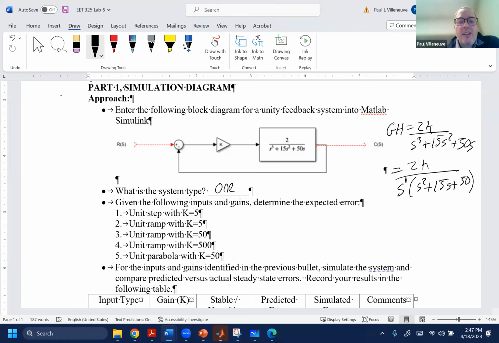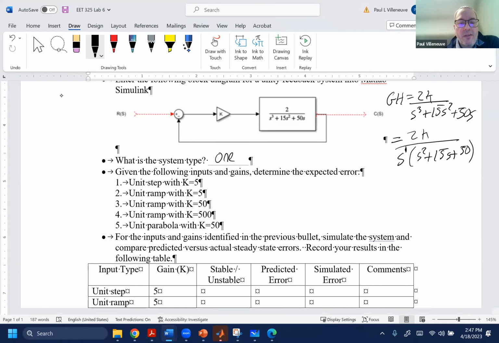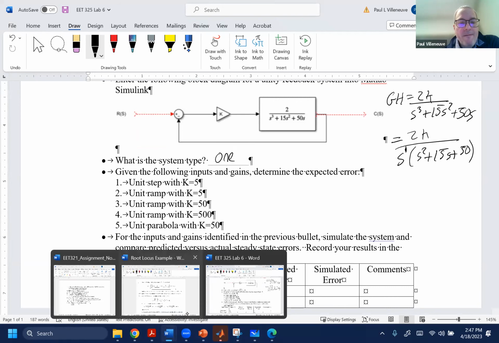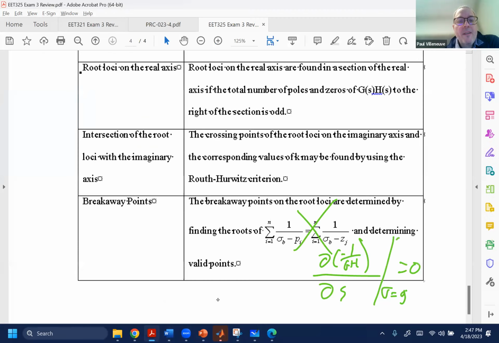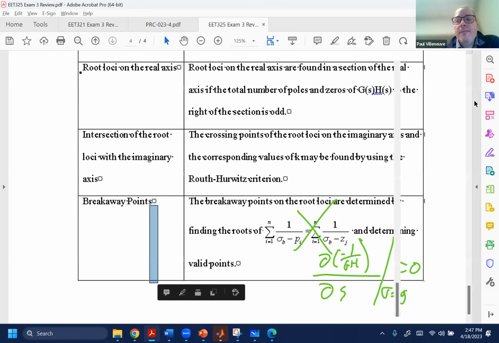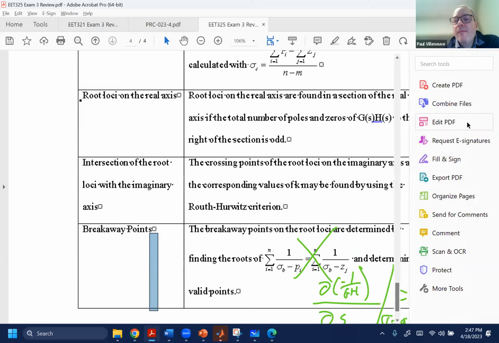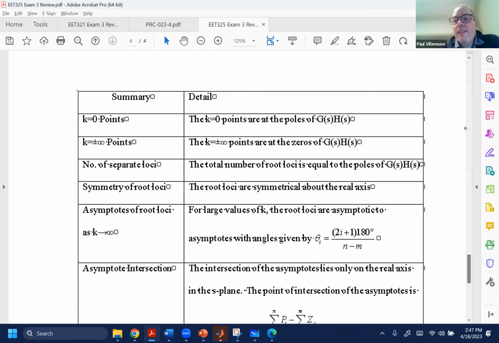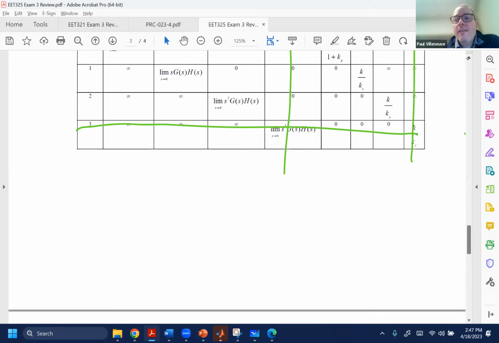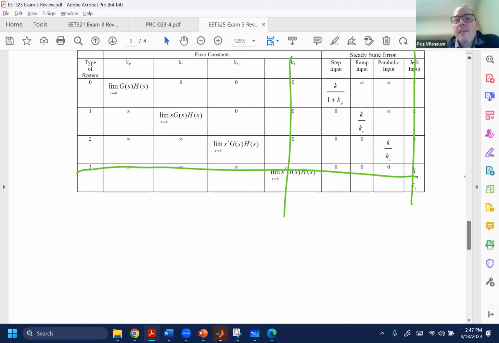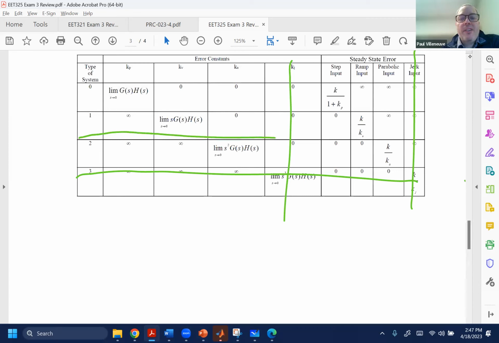So for a type 1 system, all I have to worry about is this.